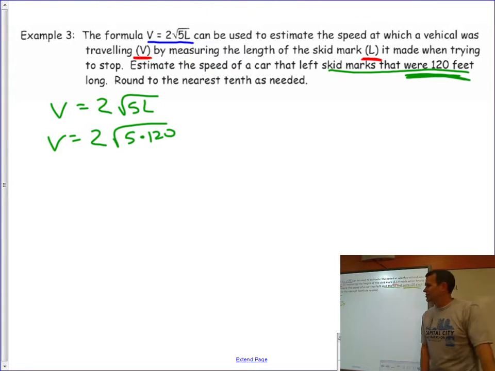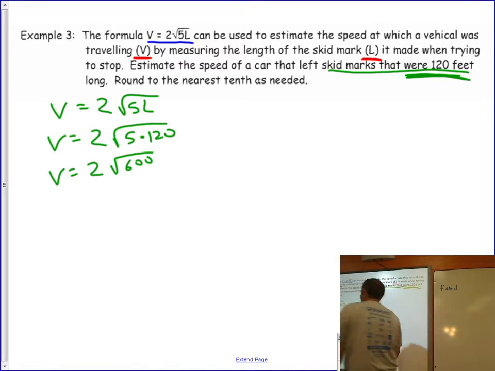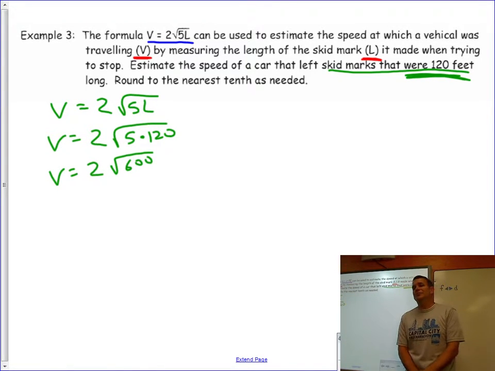So this would be 2 times the square root of 5 times 120. So first I would go inside the square root sign. That's like a grouping symbol, like parentheses, and I would do 5 times 120. So now I have 2 times the square root of 600. And the next thing I would do is find the square root of 600.